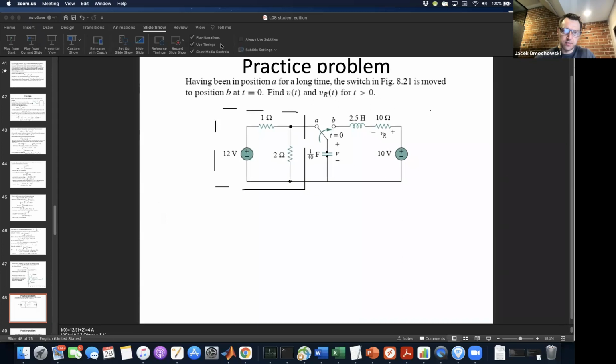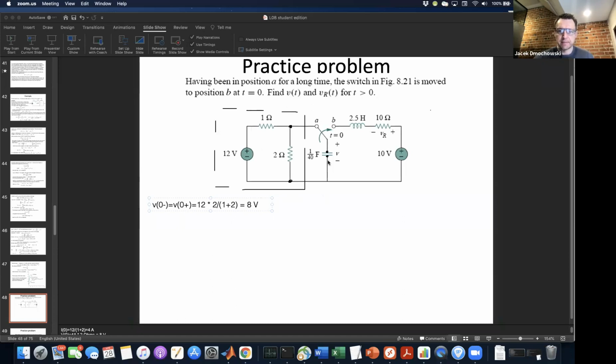So V at 0 minus is equal to V at 0 plus is equal to 12 volts times 2 over 1 plus 2, which is equal to 8 volts. It's just voltage division of this battery across the 2 ohm resistor.